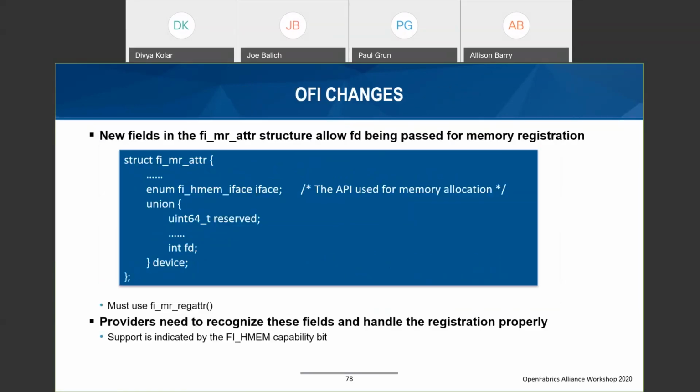Another layer of the user space stack is the OFI. In order to support the file descriptor-based memory region, the OFI needs to use the fi_mr_regattr function to register the memory, because this memory registration attribute has actual fields for heterogeneous memory, including the GPU memory.